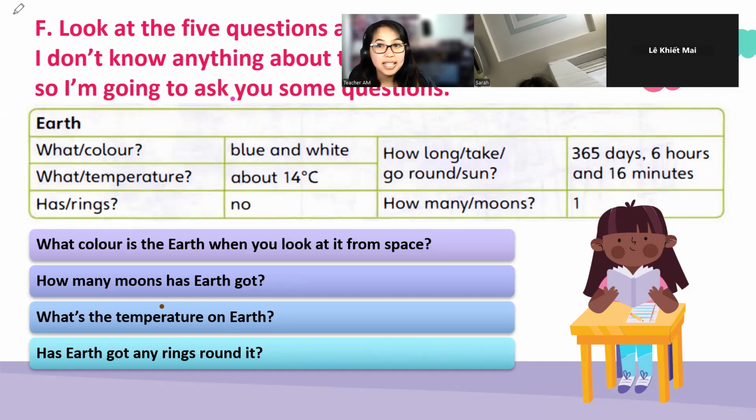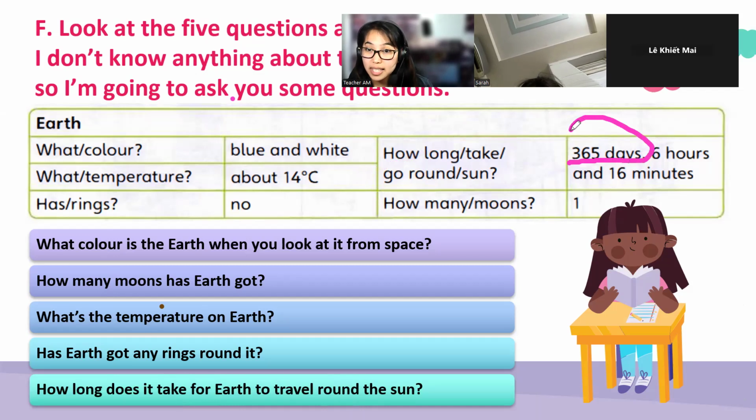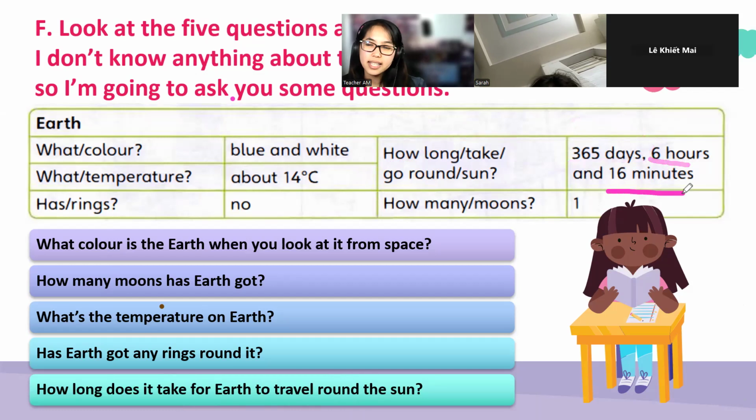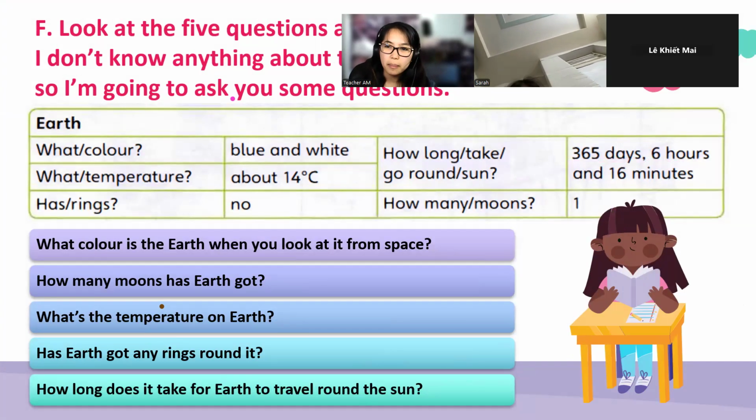Only Saturn has rings, not our planet Earth. And it says here, how long does it take to go round the sun? 365 days, that is 1 year, 6 hours and 16 minutes. And of course, we only have one moon in our planet.